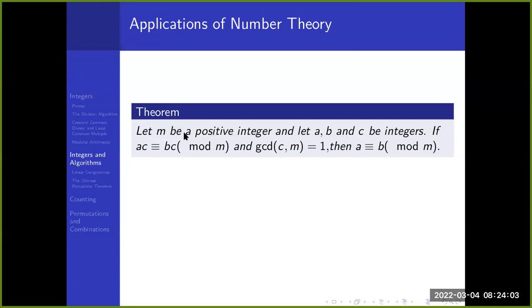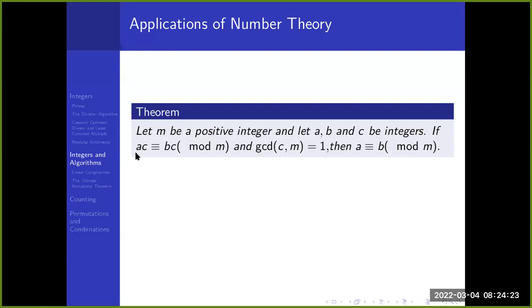Okay. So this theorem will help us make this decision on how to know when we can cancel out or divide by the same constant. So let m be a positive integer and let a, b, and c be any other integers.